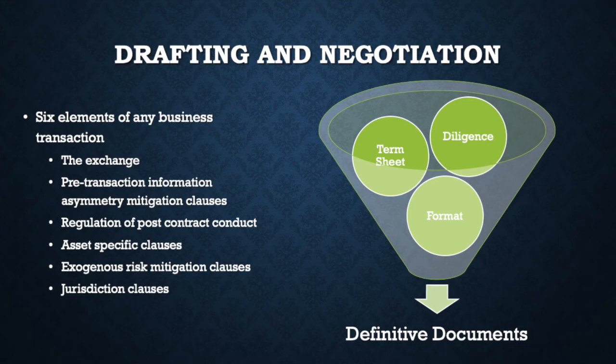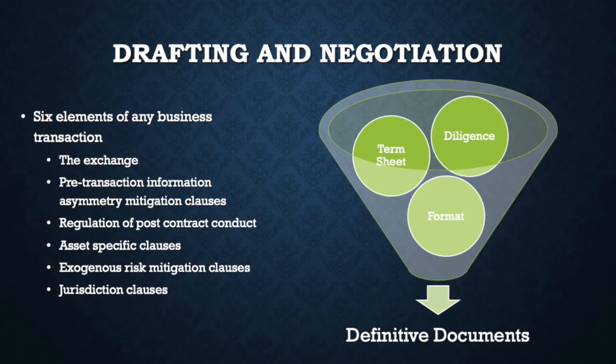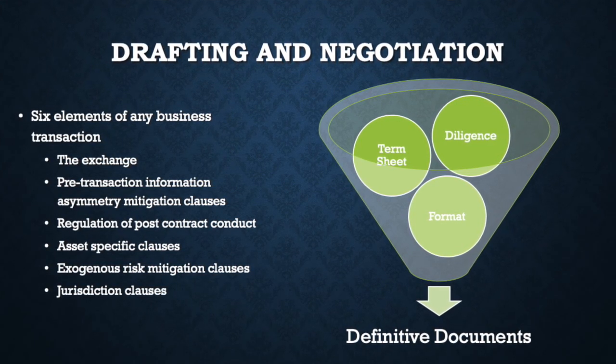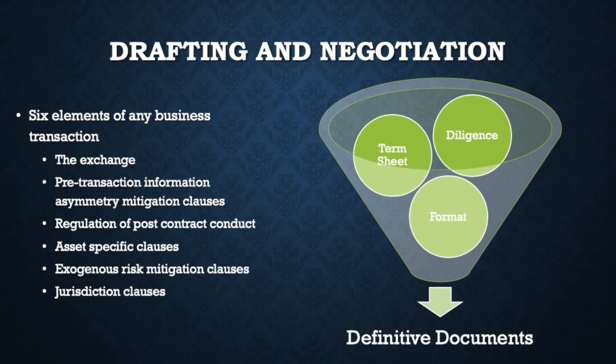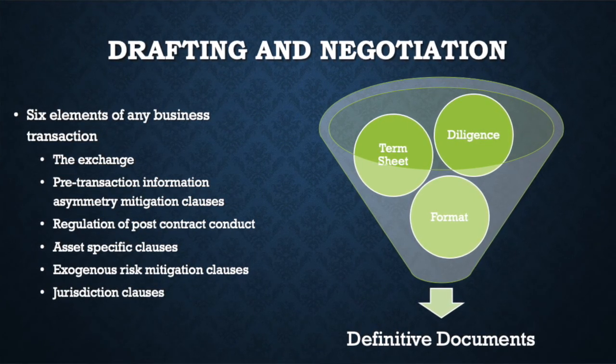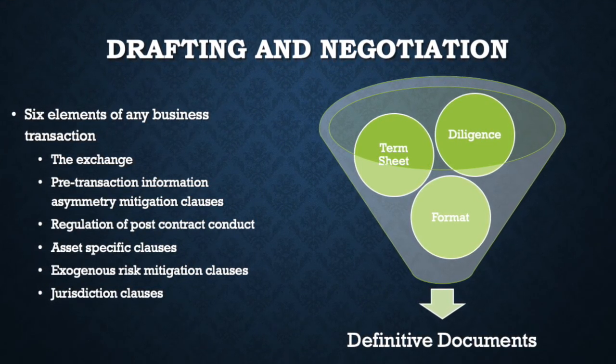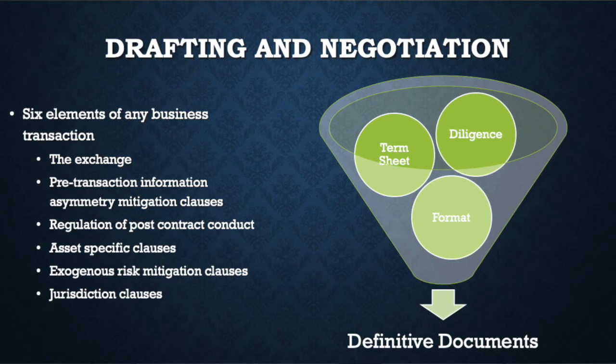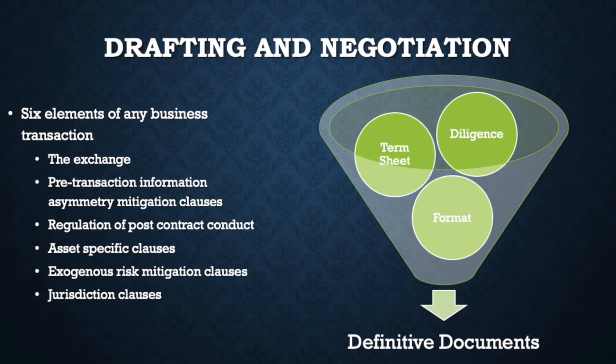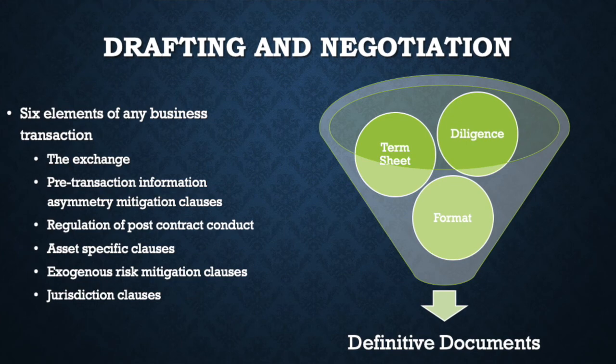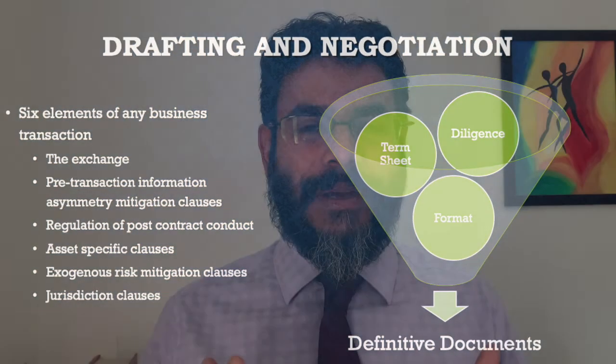These 6 elements are the exchange, pre-transaction information asymmetry mitigation clauses, regulation of post-contract conduct, asset-specific clauses, exogenous risk mitigation clauses, and jurisdiction clauses. These 6 elements will make up any transaction or any agreement anywhere in the world.